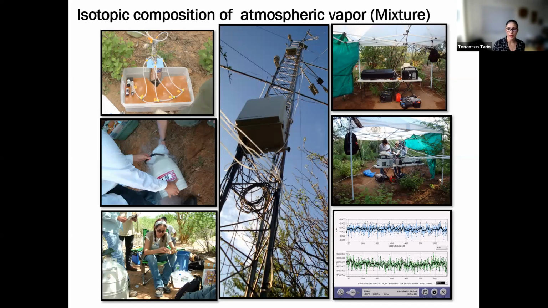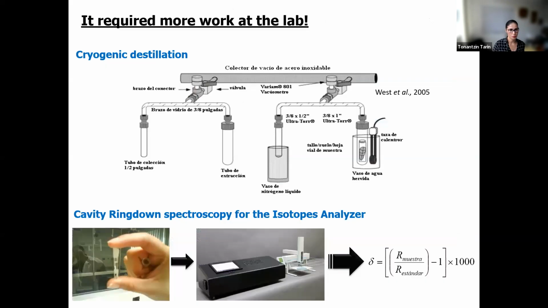This, however, requires a lot of fieldwork logistics, and it can be very difficult to execute at the site. For the stem, soil, and cryogenic vapor traps, we used cryogenic distillation to extract the water, and those waters were analyzed in an isotopic analyzer to get the isotopic composition.